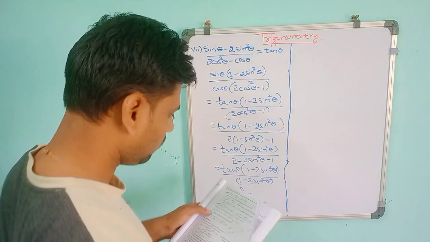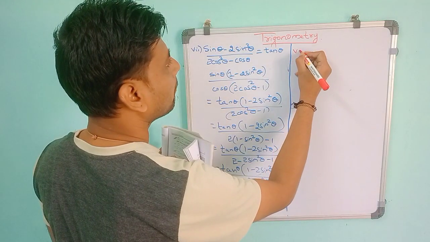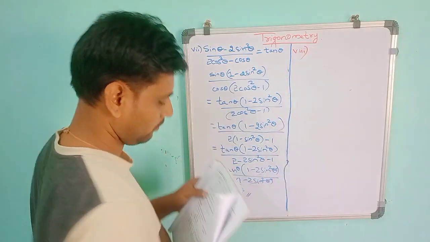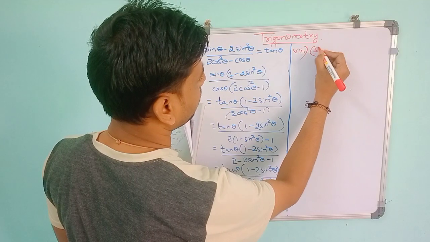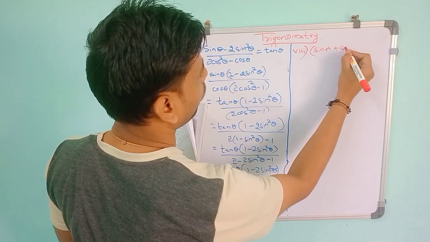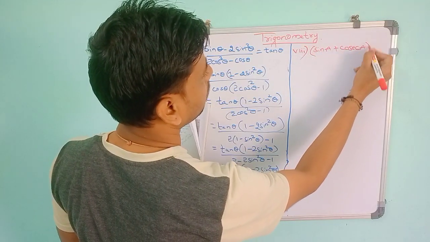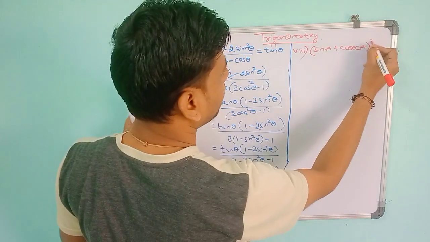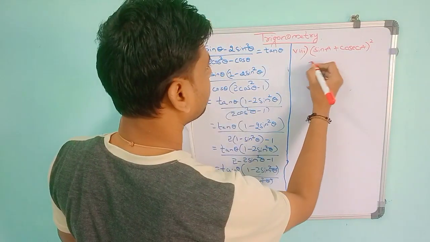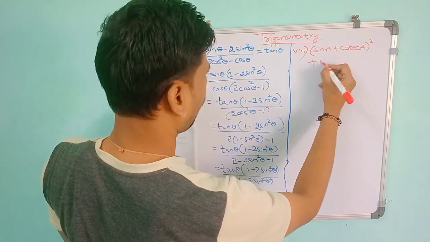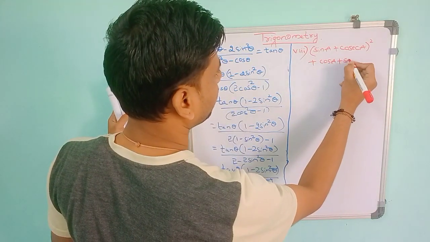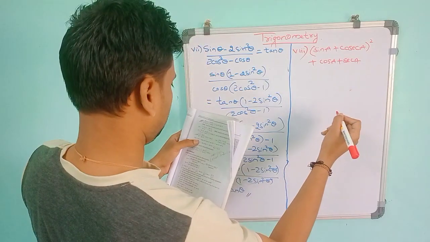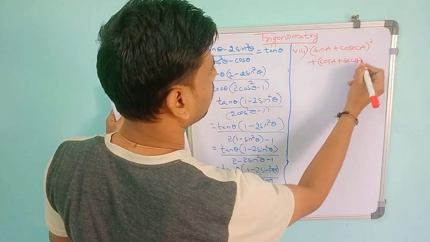Then eighth one. Sin A plus cosec A whole square plus cos A plus sec A whole square.